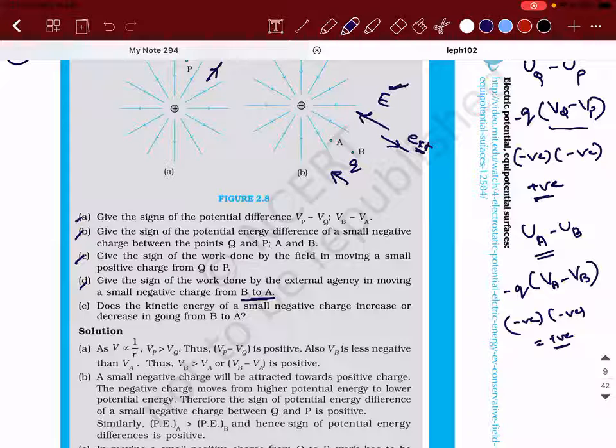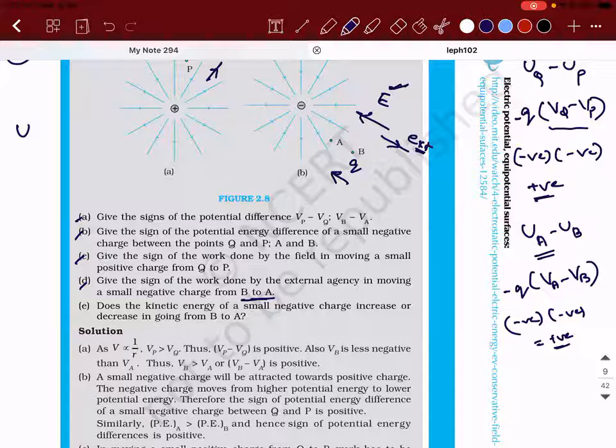Similarly, energy difference has sign. What is the meaning of it? Energy difference has sign. When you calculate energy, energy has no sign in the first place. You cannot say there is positive energy or negative energy. Nothing like that. You will only say positive work is done, negative work is done, or zero work is done.